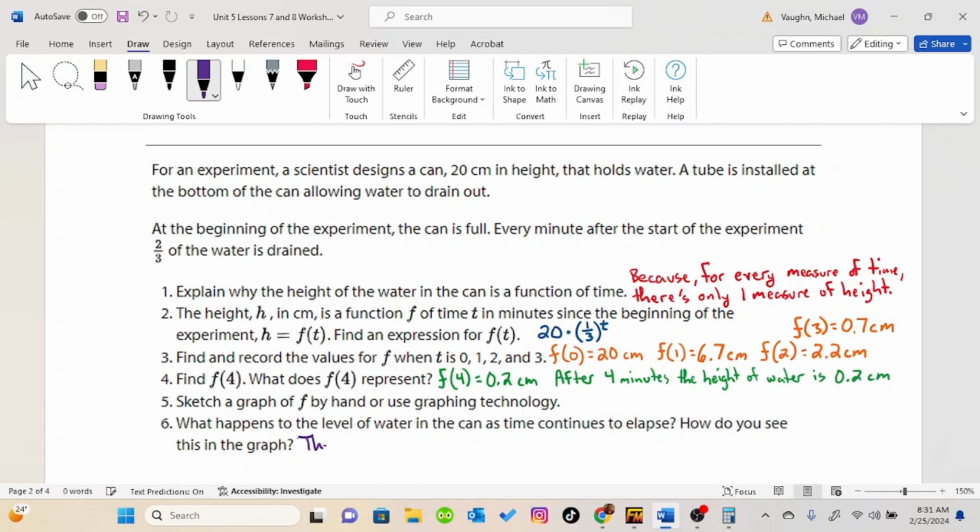So the level of water flattens out closer and closer to 0.